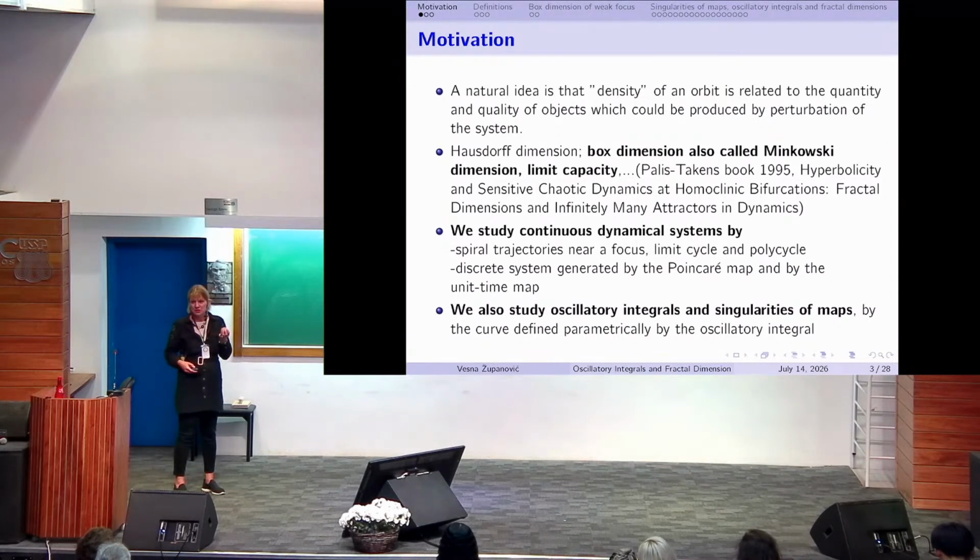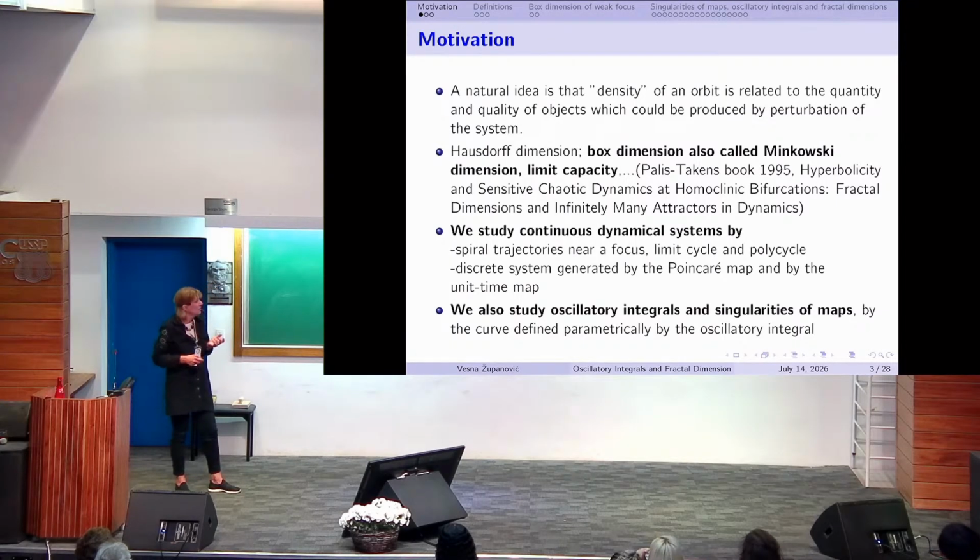Hausdorff dimension is not useful for such curves because of countable stability. If you cut a curve into countably many curves which are rectifiable with finite length, you will obtain that the dimension is the maximum. It's just one, and you don't see anything.